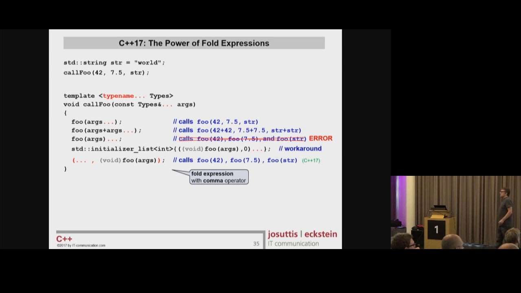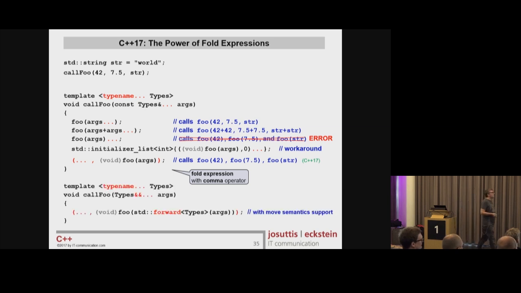So you could take the guaranteed evaluation order of initializing an initializer list to call foo for all the arguments. You needed the comma there because at the end you had to initialize an initializer list of int just to throw it away. So that was a workaround that did work even in C++11. I think the new way is a little bit more readable than before.